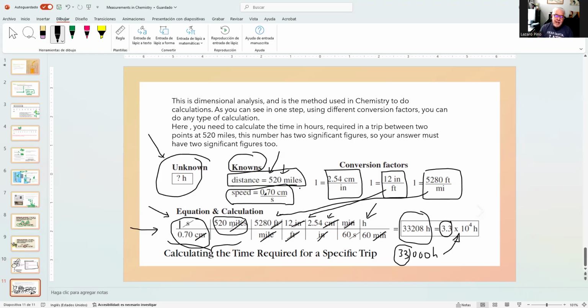That's why we cannot use another method in chemistry other than dimensional analysis, because you cannot make rounding ups in between. You have to do the rounding up at the end in order not to make mistakes.